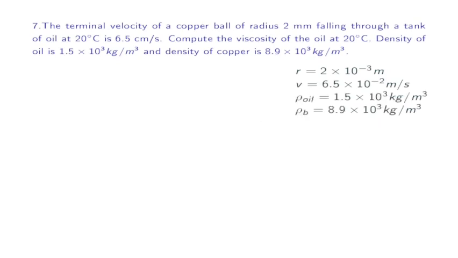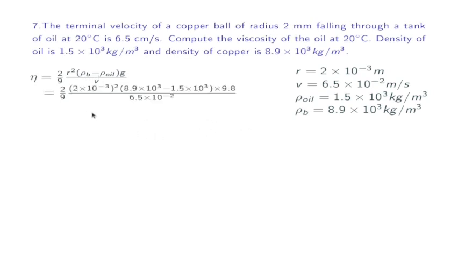The density of the oil is 1.5 into 10 raised to 3 kilogram per meter cube and the density of copper is 8.9 into 10 raised to 3 kilogram per meter cube. We have eta equal to 2 by 9 r square (rho b minus rho oil) into g by v. So substituting all the values that are given, we have eta is 0.992 Newton second per meter square.